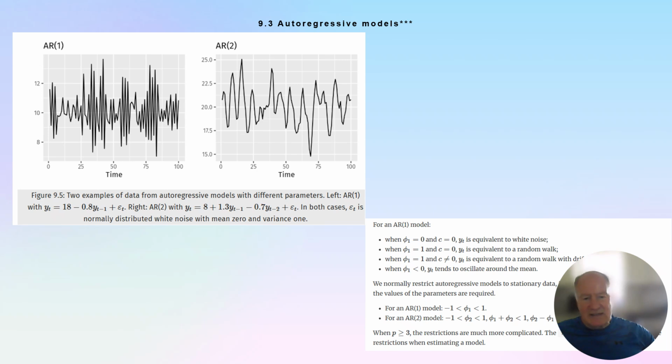And if phi1 is less than 0, it tends to oscillate around the mean. If you think about it, if the previous value was negative and we multiply it by a negative number, it becomes positive, and if the previous value was positive, it becomes negative.